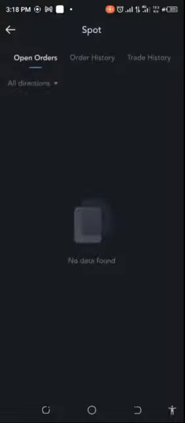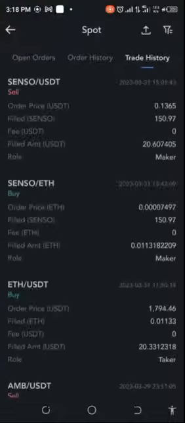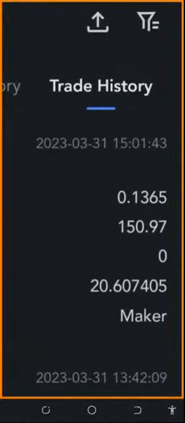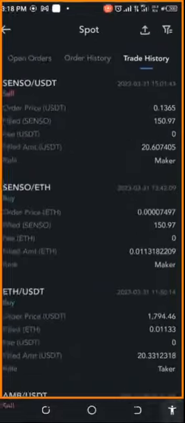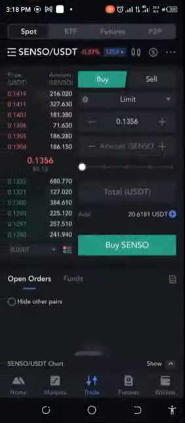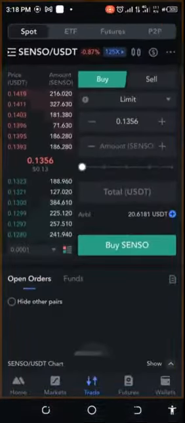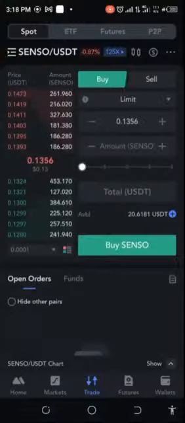If I take a good look at the trade history, when did we set that sell limit? We set that sell limit, and then within how long? It didn't take so long. I think just about maybe 30 minutes or 1 hour, and we're done.